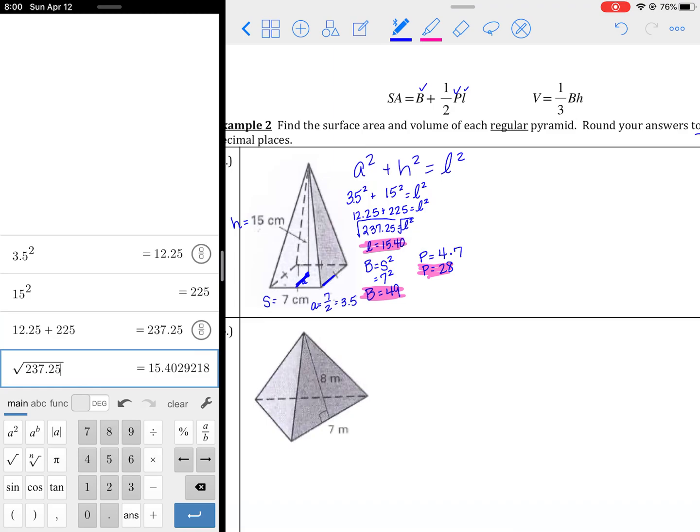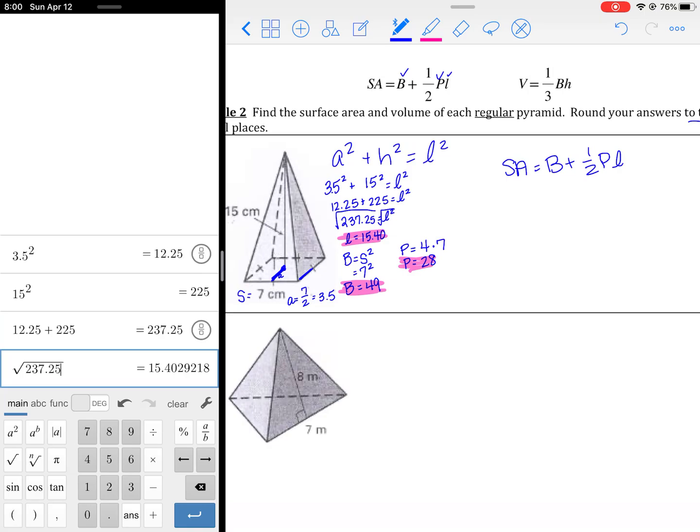So I'm going to plug this into my formula. So the surface area equals the base plus 1/2 the perimeter times the slant height. So if I plug in these numbers, I know the area of the base was 49. The perimeter was 28. And the slant height was 15.40.